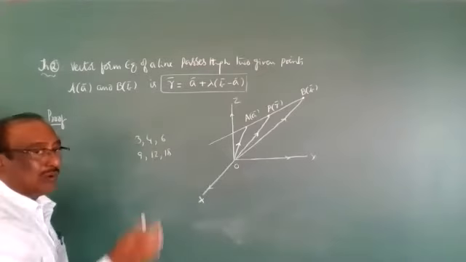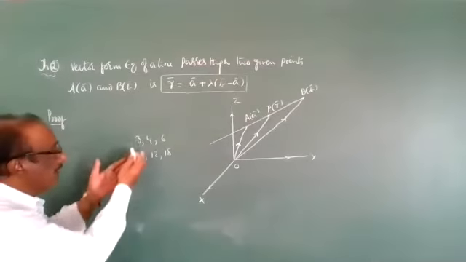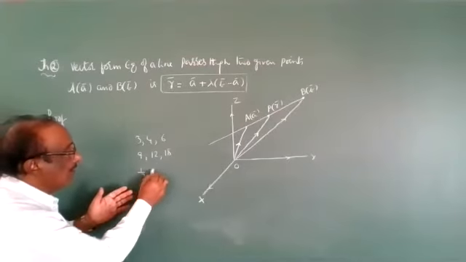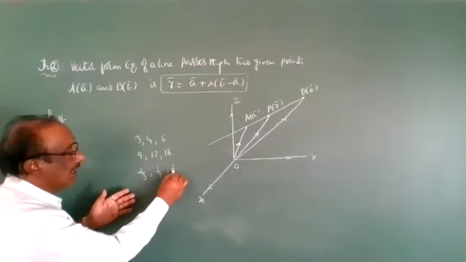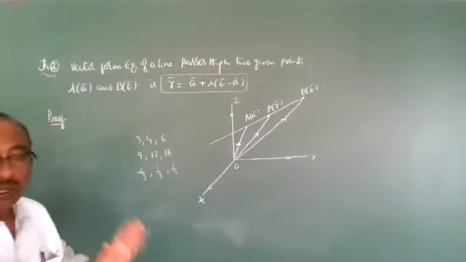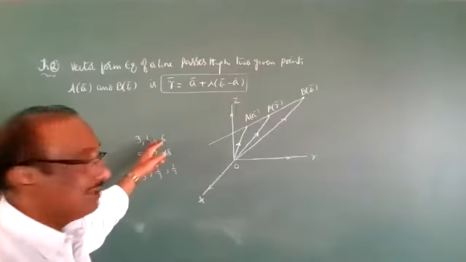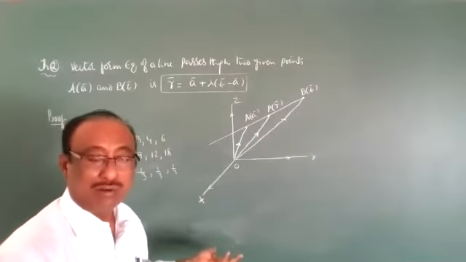By dividing we get the same ratio, 1 by 3, 1 by 3, 1 by 3. So they differ only by a constant: the first multiplied by 3 gives the second.